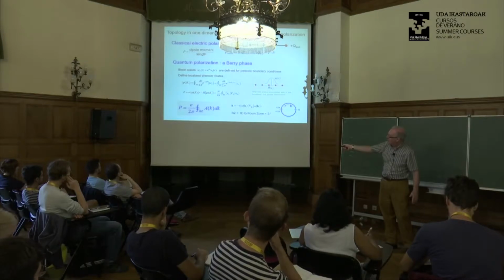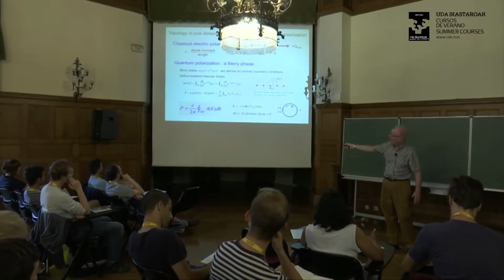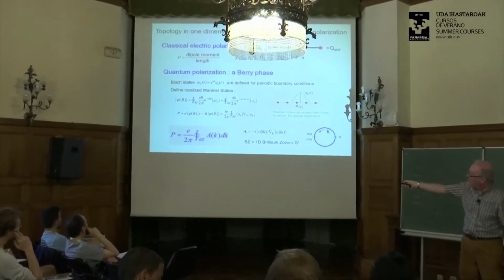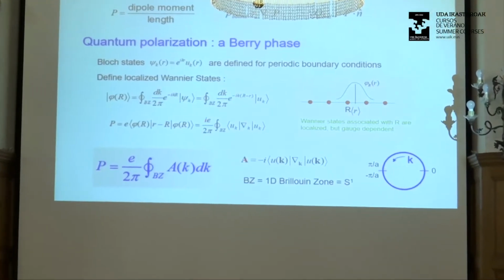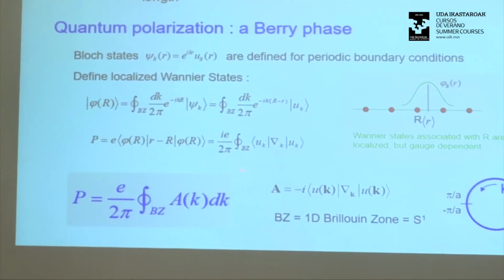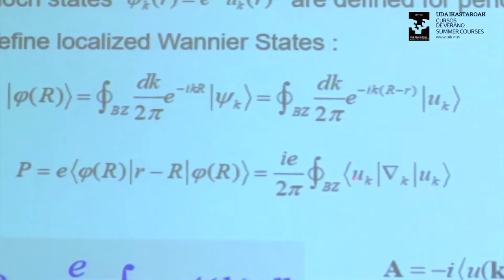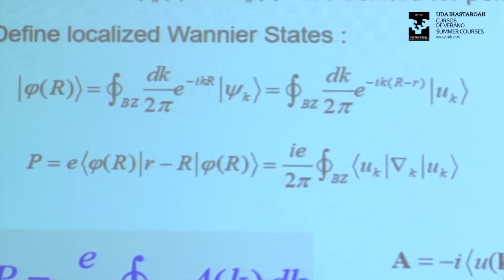It's basically its center of charge relative to where it's centered. If you just plug in the Fourier transform, you end up with something like this. This is another good exercise to do if you haven't seen it before. It has precisely the structure of this Berry connection. So the electric polarization is precisely this Berry phase.